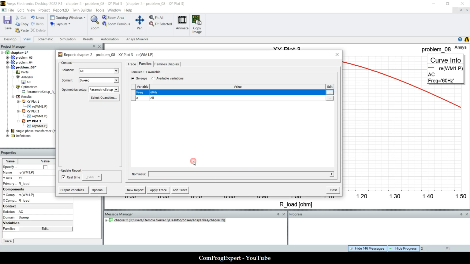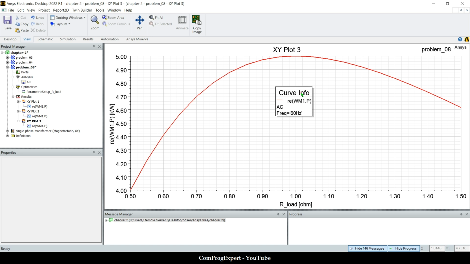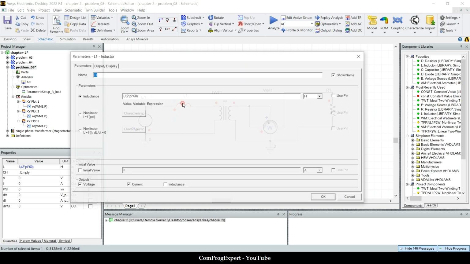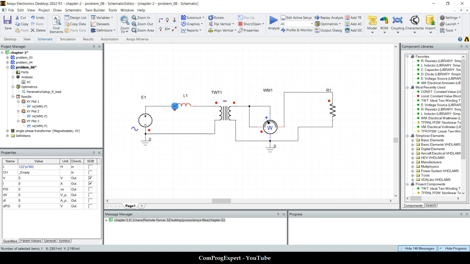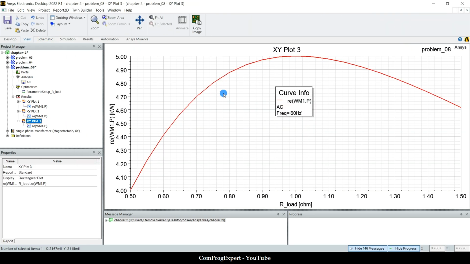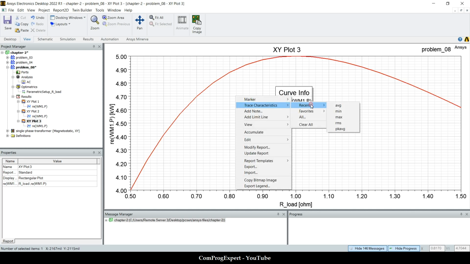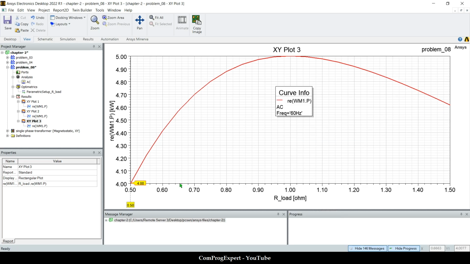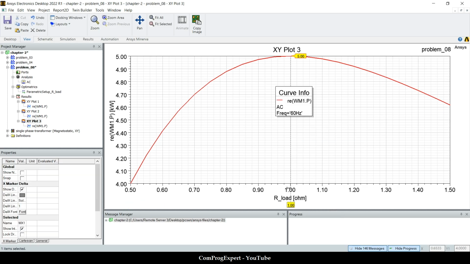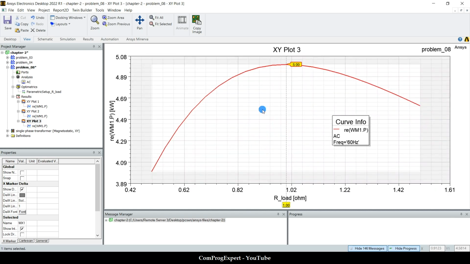Okay, so this is the graph. We did our calculations using 60 Hz, right? When we set the value of the L1 inductance. So this is the graph. Here, let's add this X marker. As you can see, the maximum power is delivered to the load when the load resistance is 1 ohm.